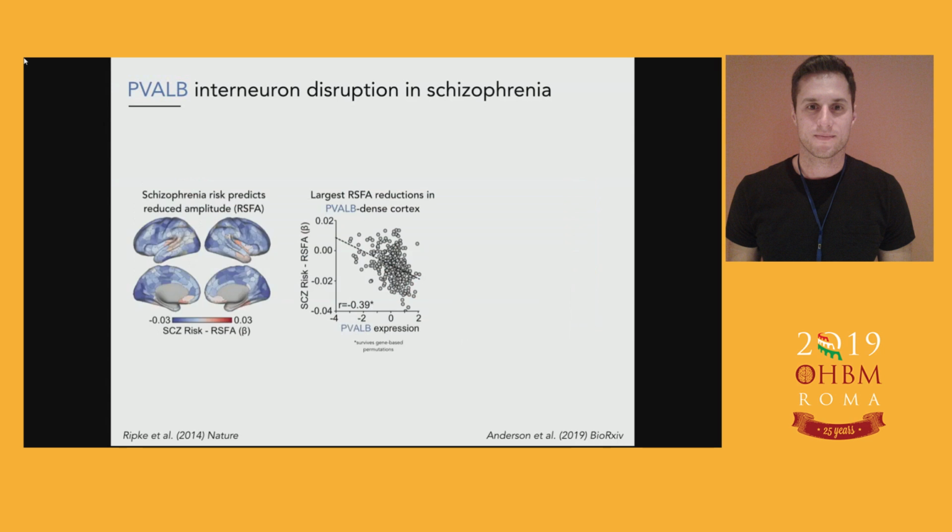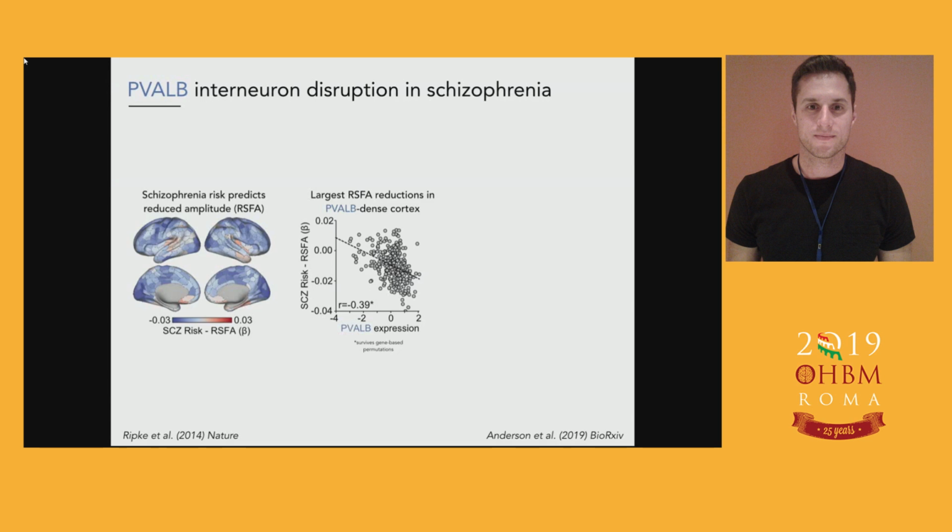And so to test whether parvalbumin cells could be functionally important for biomarkers of schizophrenia, we calculated polygenic risk for schizophrenia in each one of the UK Biobank subjects. So regions in blue denote areas where increased polygenic risk is associated with decreased cortical signal amplitude.